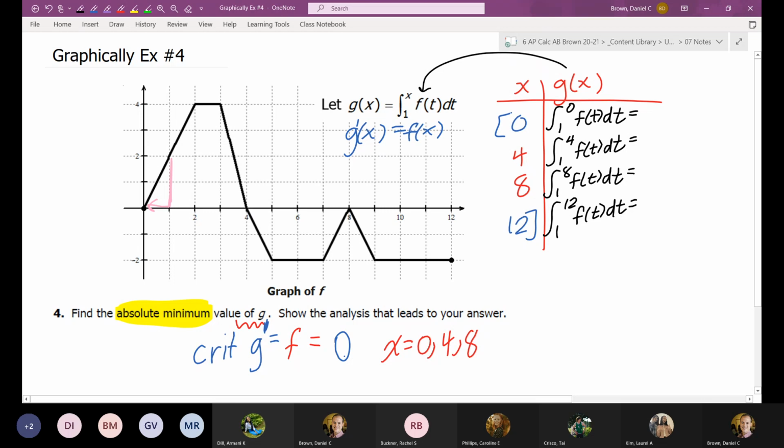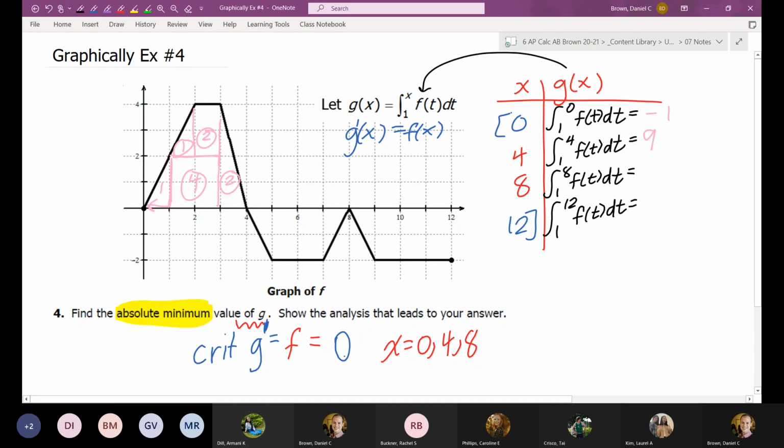So for that first one, you are going from 1 to 0. That is backwards. That triangle has an area of 1. But since we're going backwards, what are we going to say the integral from 1 to 0 is? Negative 1. From 1 to 4, we already did this on the other slide, but we had 4, 1, 2, and 2. 6, 7, 8, 9.